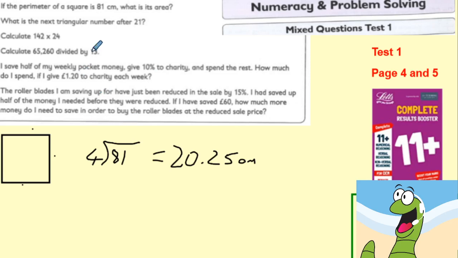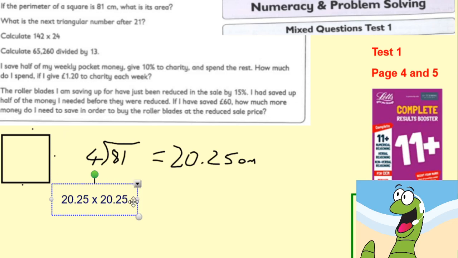Okay, so now we need to know what its area is. Well, first of all, 25 is 1/4. So our area now is, you can write that down so it's a bit neater, 20.25 multiplied by 20.25, because it's squared centimeters and because you're multiplying the length by the width.